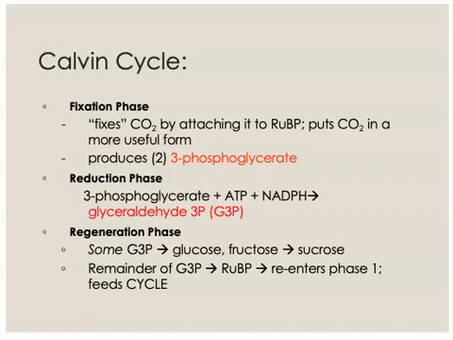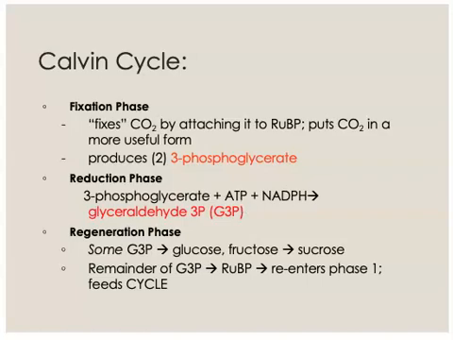In the reduction phase, the 3-phosphoglycerate is combined with the products of the light reactions to produce a molecule called G3P, which stands for glyceraldehyde 3-phosphate. So 3-phosphoglycerate is combined with ATP and NADPH to produce G3P, glyceraldehyde 3-phosphate.